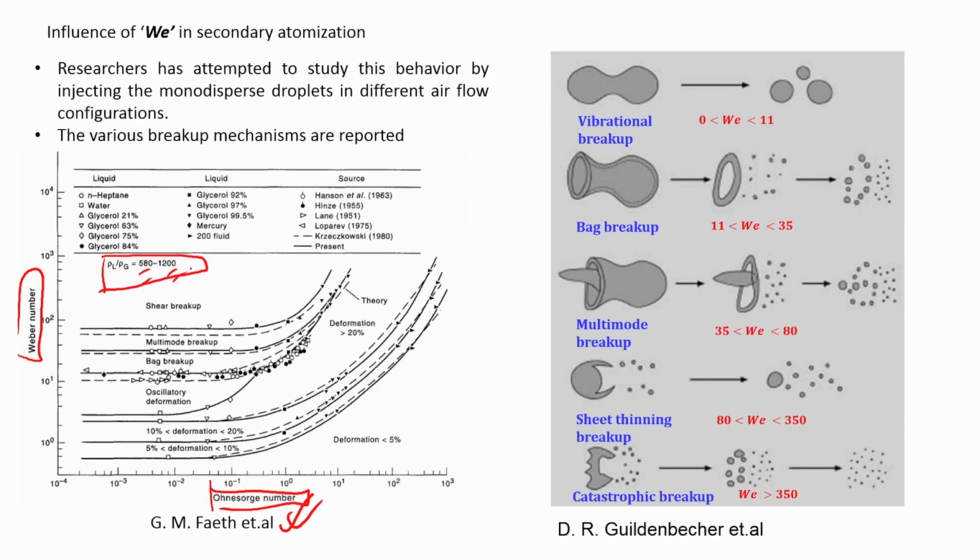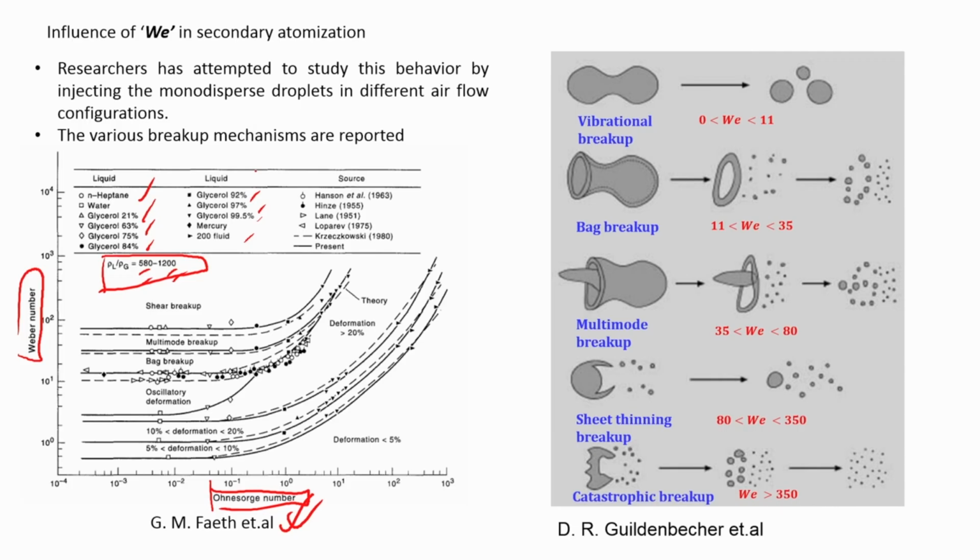So, 1000 would be like water; there are fluids which can go a little below and a little higher. They have done it for all kinds of liquids like n-heptane, water, and glycerol, which as you know is a very viscous fluid. Other kinds of fluids have also been attempted. Glycerol 92% makes the fluid very viscous.